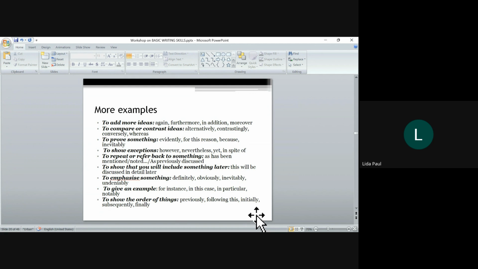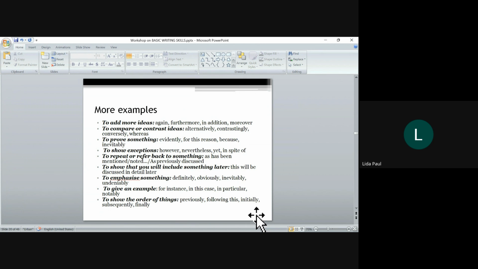So to add more ideas, you can use linkers. Some of the examples are given on screen. To compare and contrast ideas, to prove something, to show exceptions, you use these transition devices or linking devices so that the flow is maintained, right? To emphasize something, to give an example, to show the order of things.